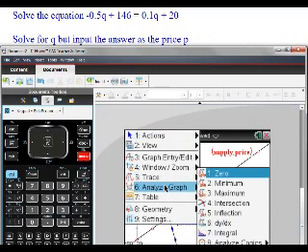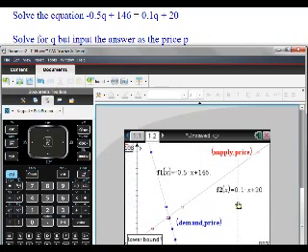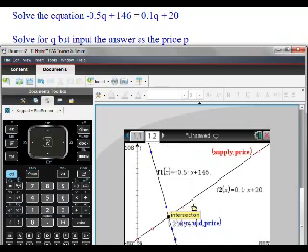Perhaps just to analyze the graph, we're going to do an intersection and set our lower bound and upper bound. The calculator returns that intersection as the point 210 and 41. 210 is the quantity and 41 is the price. So this process has brought us the solution we seek for the price at which we have market equilibrium.